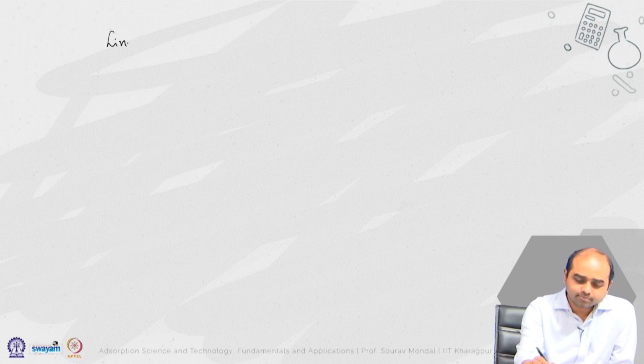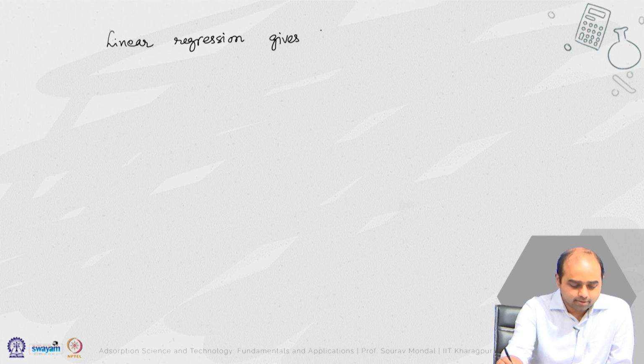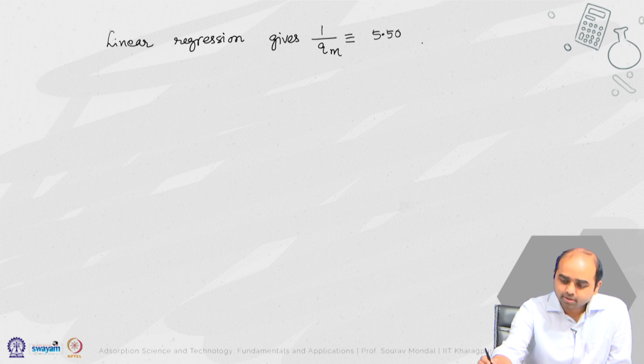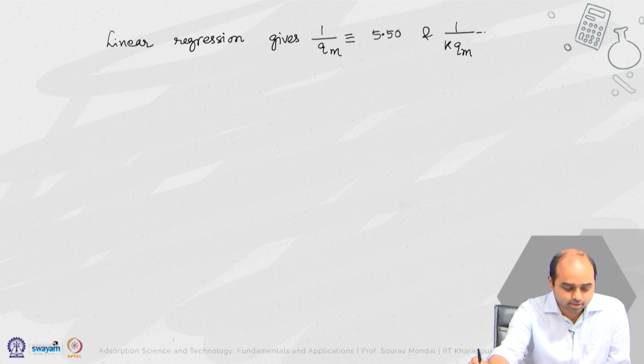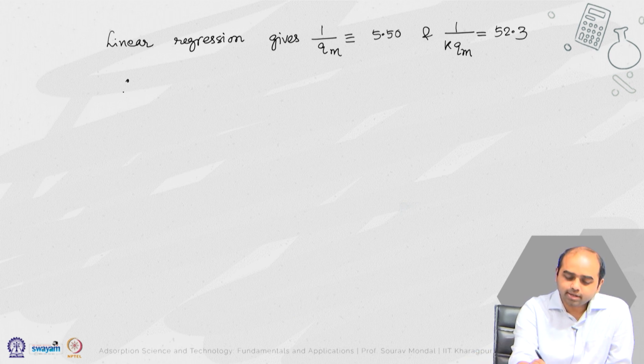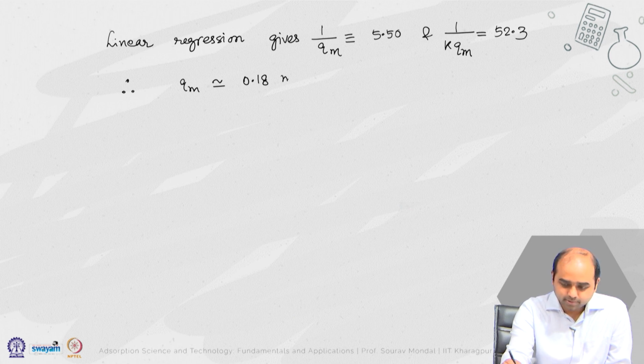The regression gives 1 by Qm, which is the intercept, as 5.50, and 1 by K into Qm, which is the slope, as 52.3.